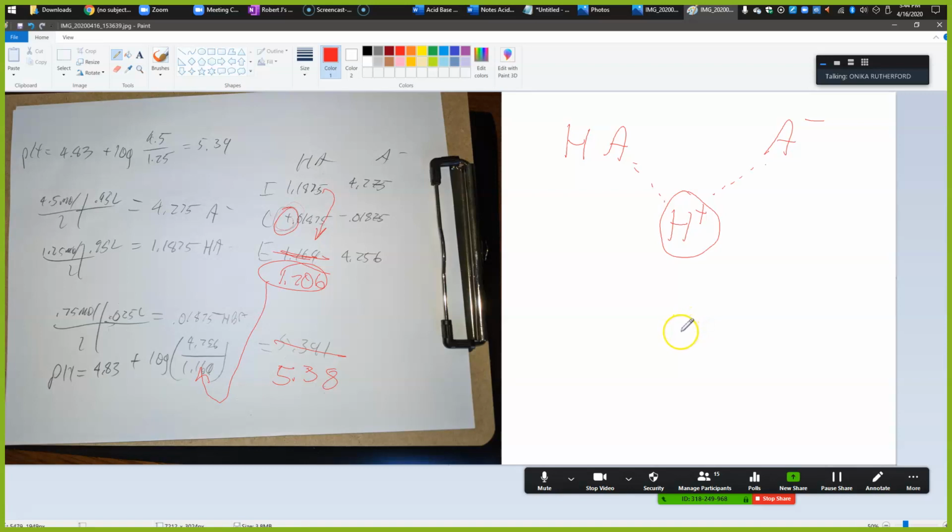What's the H+ going to react with, the HA or the A-? The A-. Sure, because one's negative and one's positive. And when these two things react and come together, what do they make?